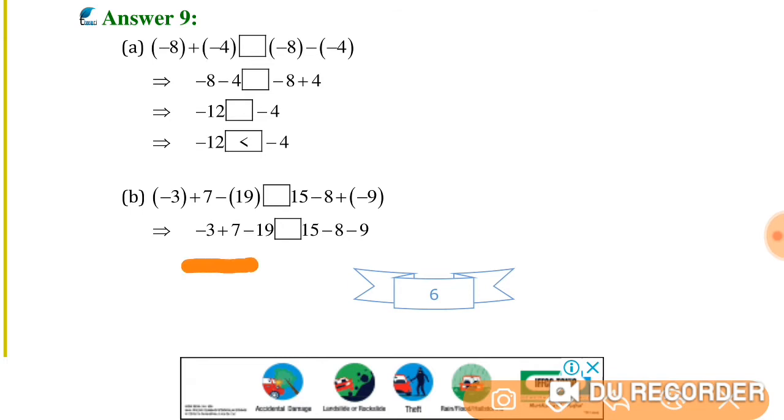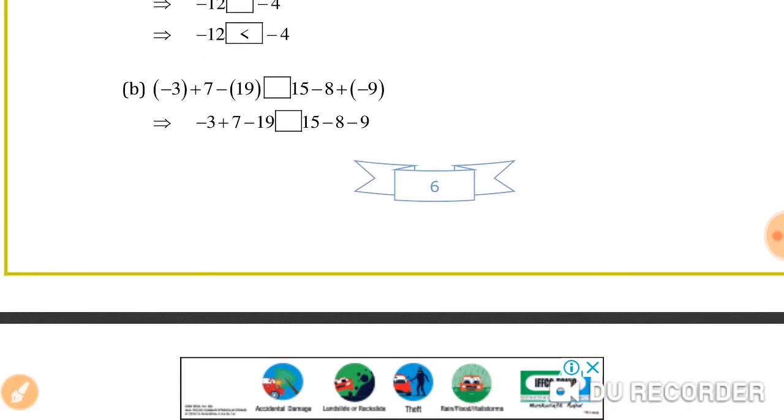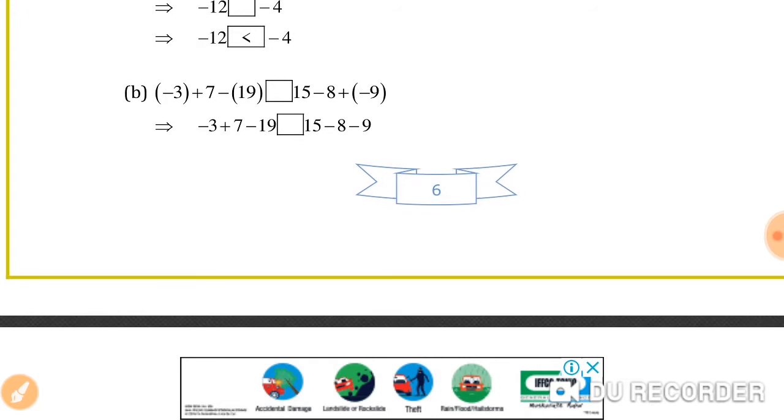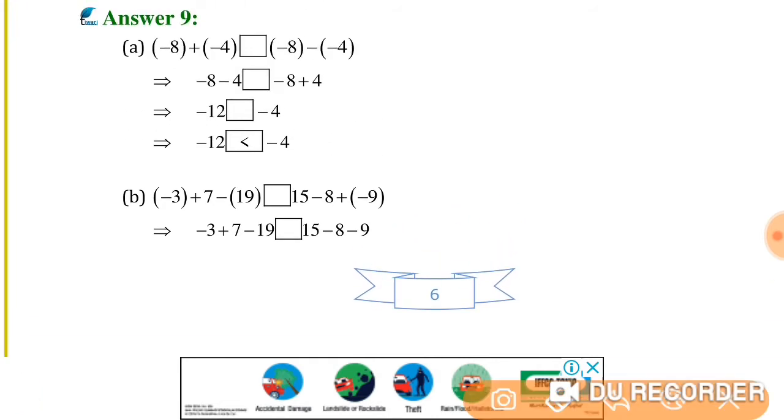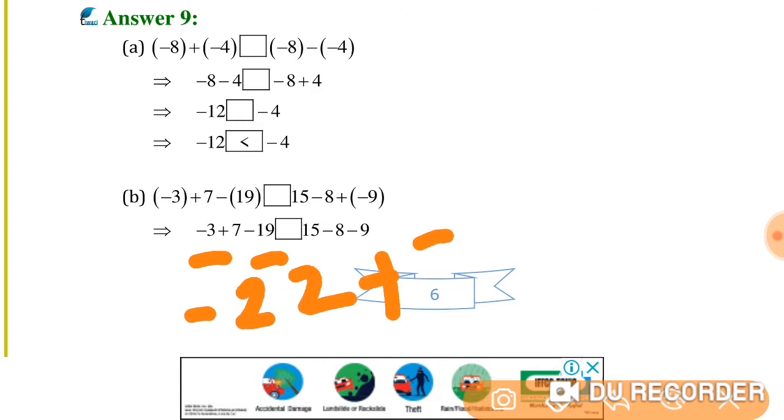Minus 3 plus 7 as it is, minus 19 as it is, 15 minus 8. Because of this plus, minus 9 as it is only will come. So minus 9, so add it. Usually what is the answer? Minus 3 minus 19 becomes minus 22 plus 7, which is equal to how much?